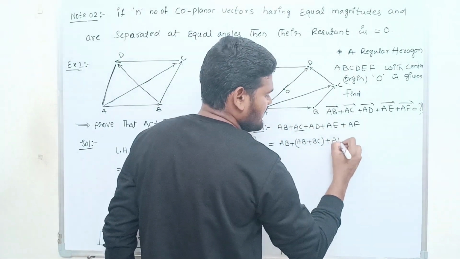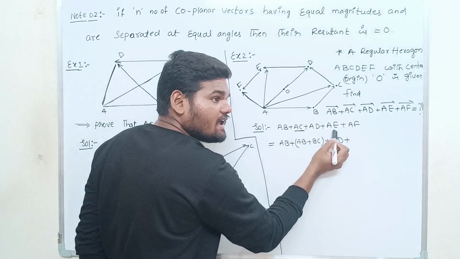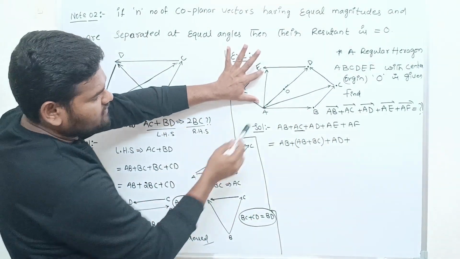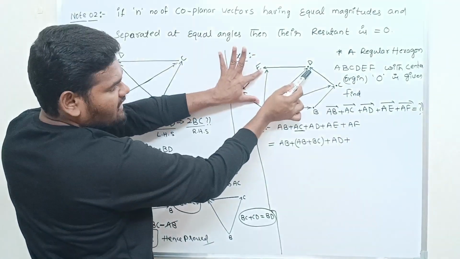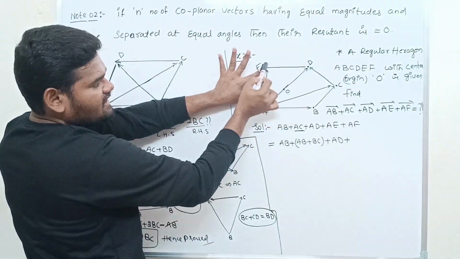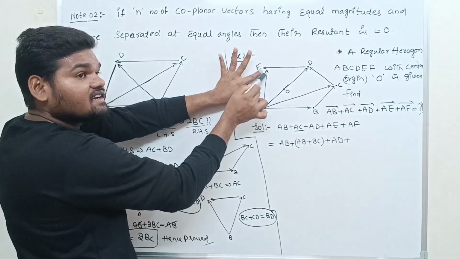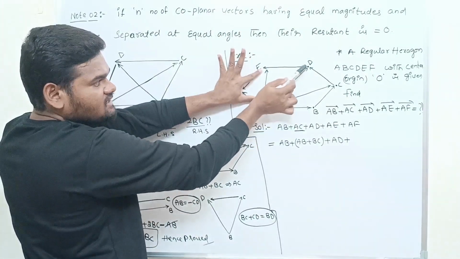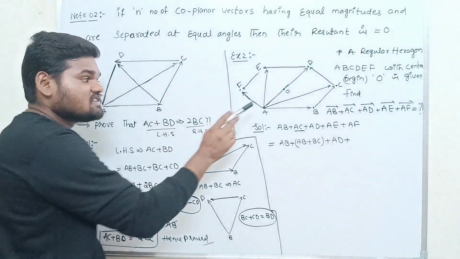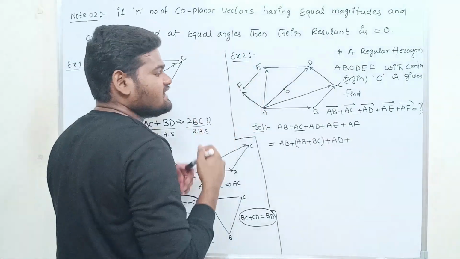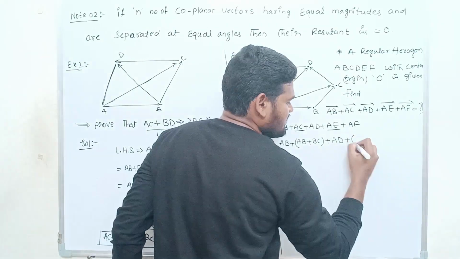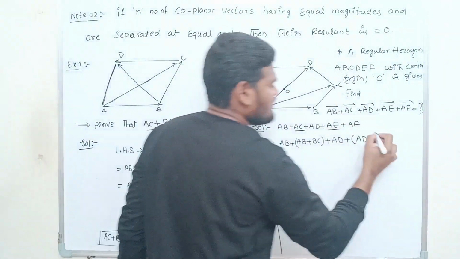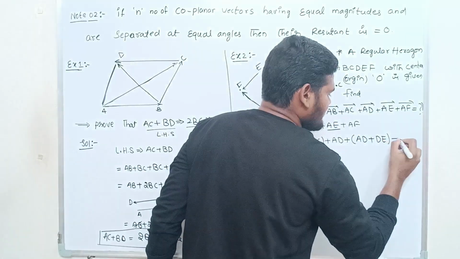I'm just taking AD as AD, plus here we have AE. So from the diagram, what is AE? Have a look. AD and DE are in order and AE is in reverse order. Therefore, we can write AE is equal to AD plus DE. Are you getting? Any difficulties there?